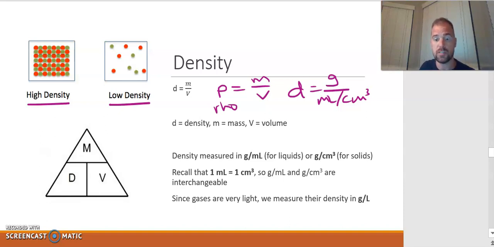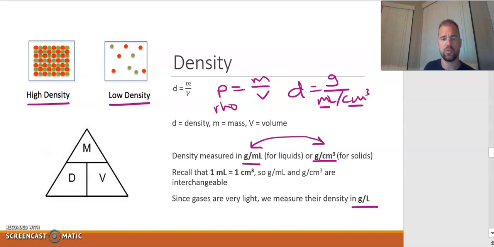So units of grams per milliliter or grams per centimeter cubed are used to calculate densities. Liquids typically tend to be grams per milliliter, whereas density of solid objects are grams per centimeter cubed. But remember, since the milliliter and the centimeter cubed are the same, these units of density are the exact same. They can be interchanged. Since gases are very light, you'll see gas densities are in grams per liter.